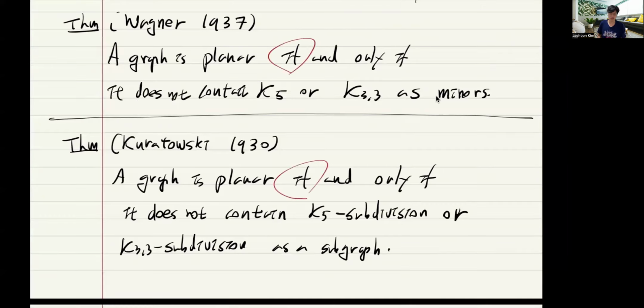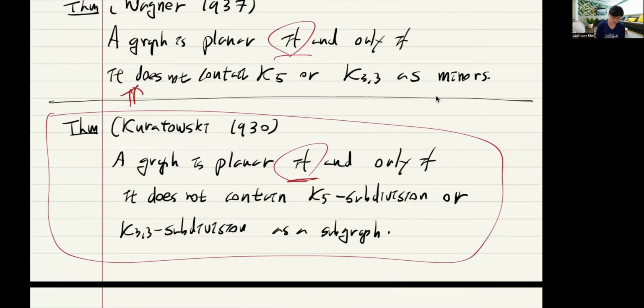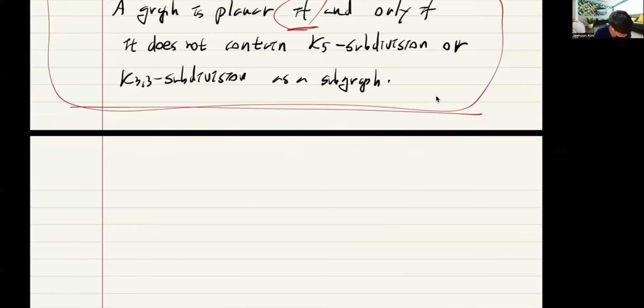The other direction is obvious. So if we just consider this direction, then this Kuratowski theorem is stronger. It directly implies Wagner's theorem. It's not too difficult to show that Wagner's theorem also implies Kuratowski's theorem, so they are equivalent. But anyway, seemingly this one is stronger. So we want to prove this theorem.